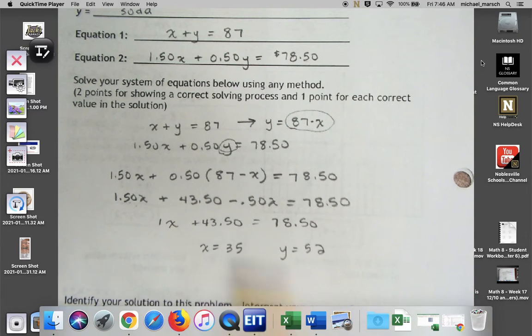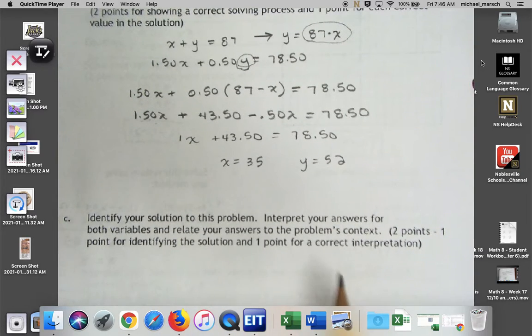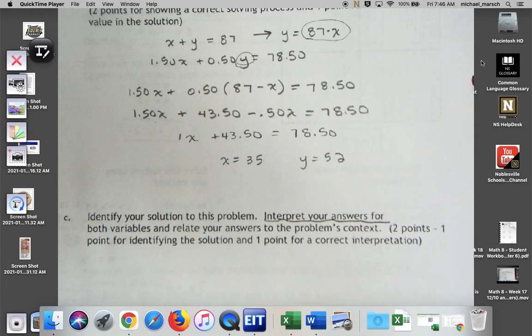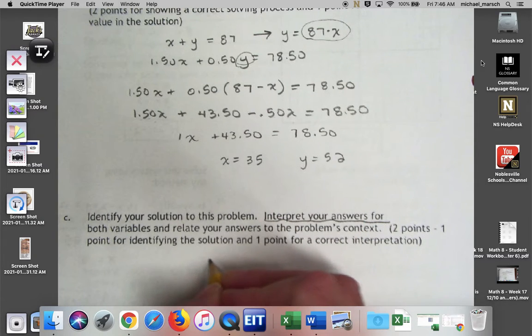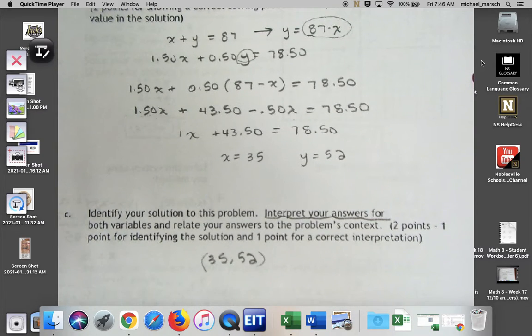So I solved my variables, but down here it says identify the solution, interpret your answer. Okay, so what does the x stand for? What does the y stand for? So my solution is 35, 52. That would be if I graphed them, right? This would be the ordered pair that they intersect at.